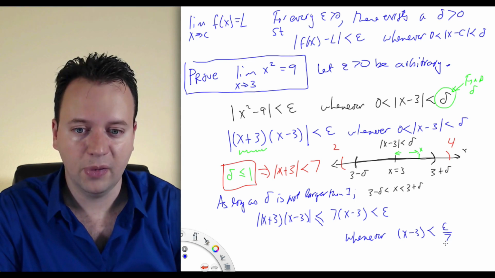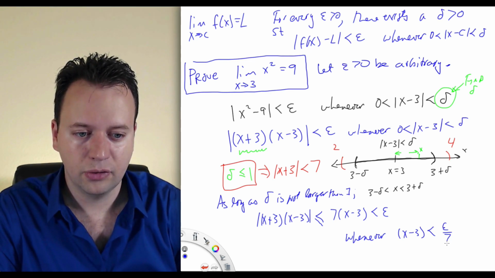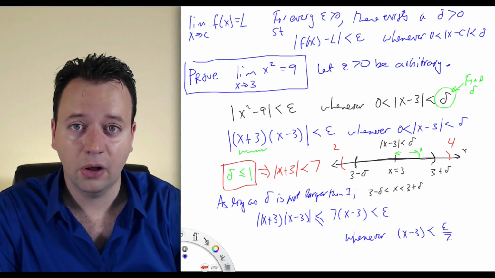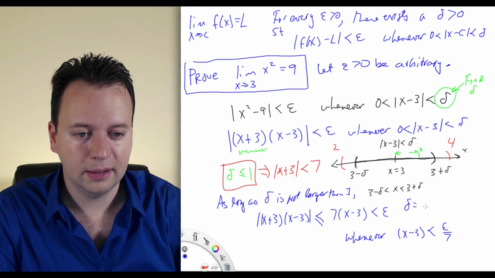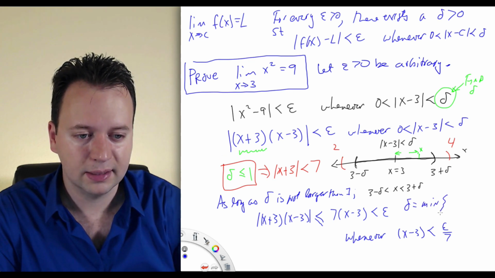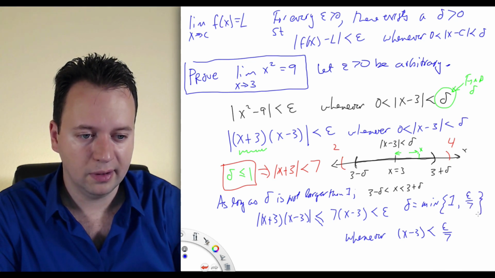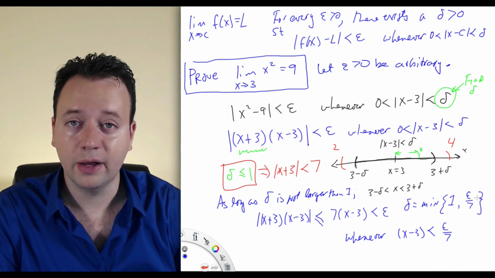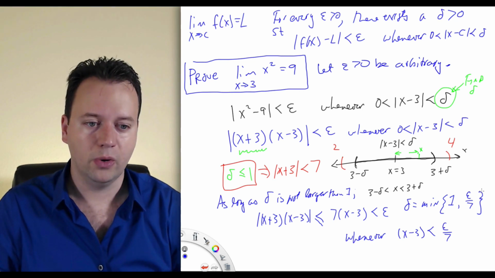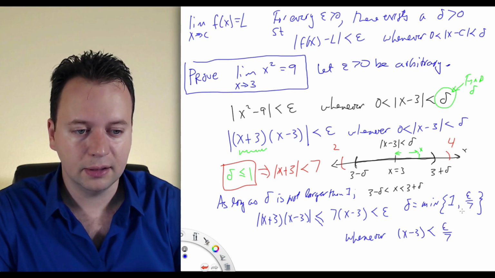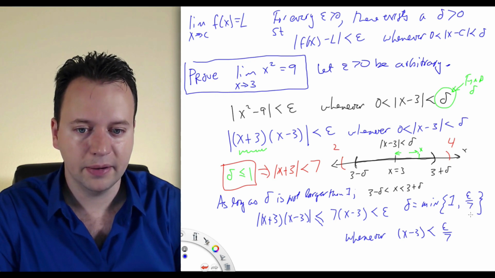But of course, x minus 3 has to also be less than 1. So our delta can just basically be the smallest of either 1 or epsilon over 7. Right, so that guarantees that this delta is not larger than 1, but also it's definitely as small as you need it to be.